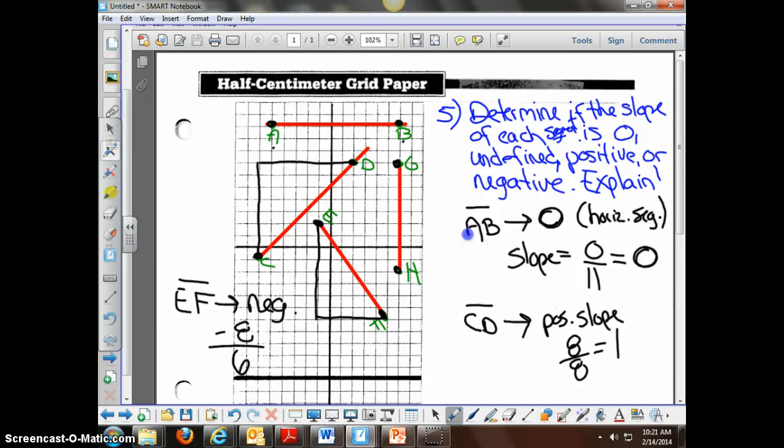So GH, segment GH is what, everybody? Undefined. And your proof would be what? Somebody give me your proof using slope. Let's do G to H. Because rise over run, there's rise, but there's no run.